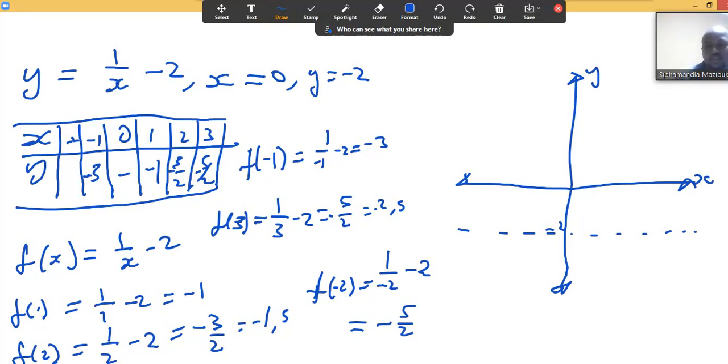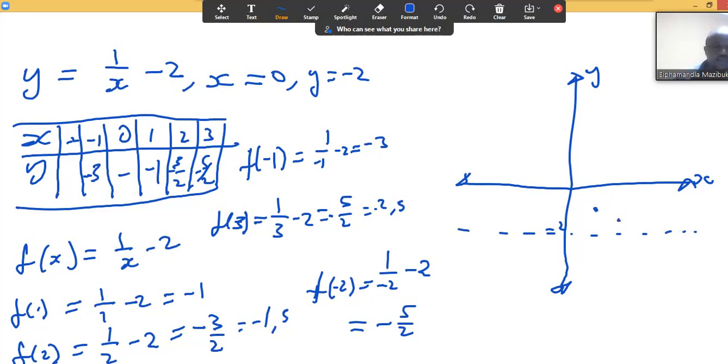At 0, we have nothing. Then we have 1 and minus 1, which will be here. And positive 2 is 1.5, so it will be here.